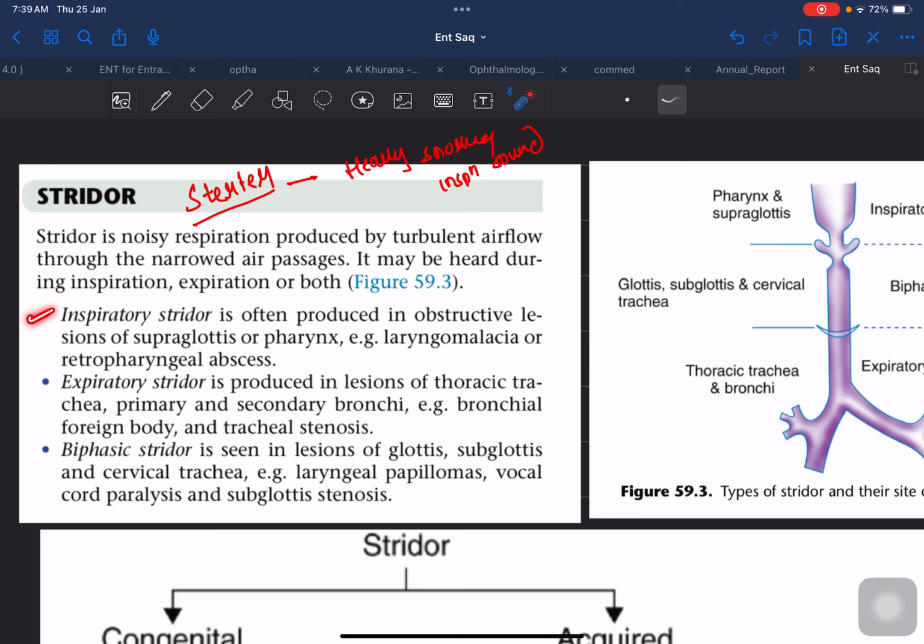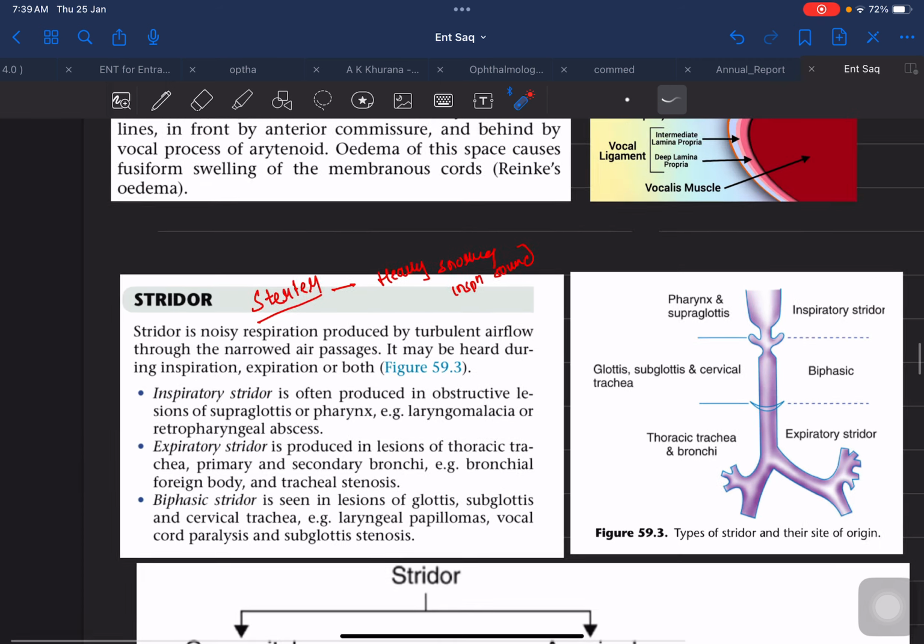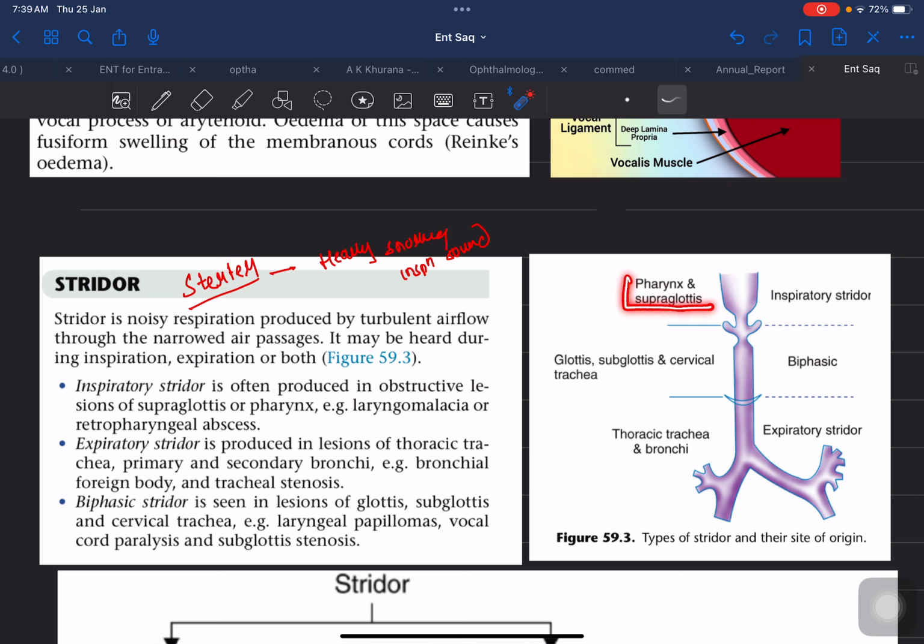Now talking about the types of stridor: inspiratory stridor, expiratory stridor, and biphasic stridor. Inspiratory stridor is often produced in obstruction such as lesions of the supraglottis or pharynx, for example laryngomalacia or retropharyngeal abscess.